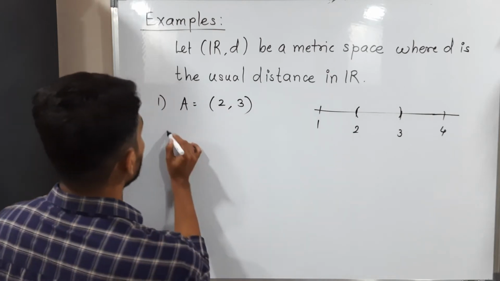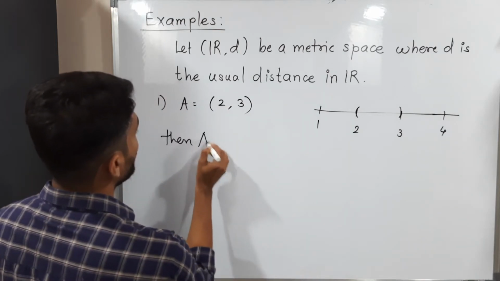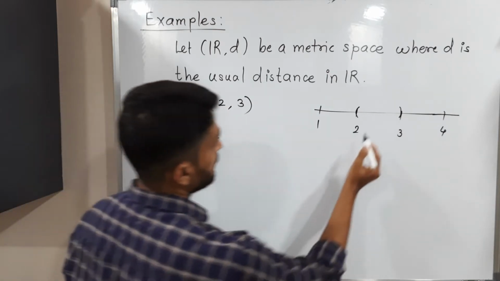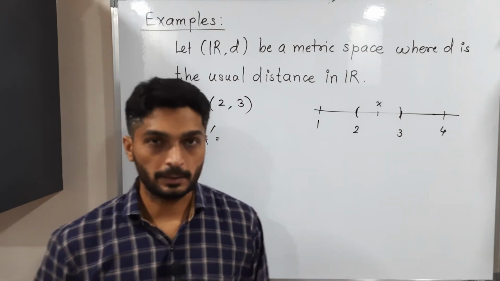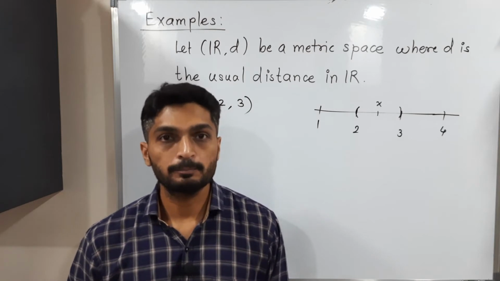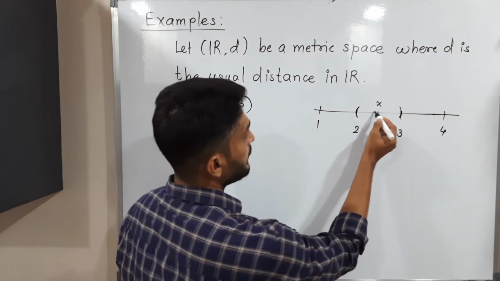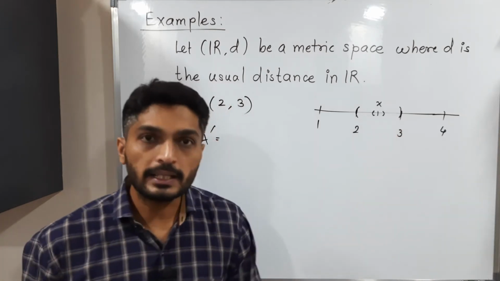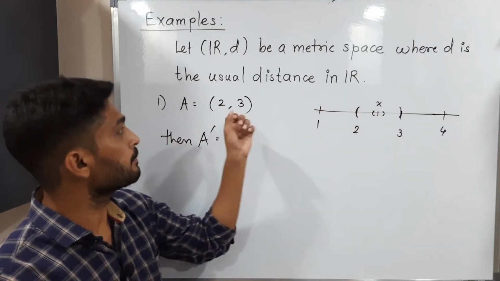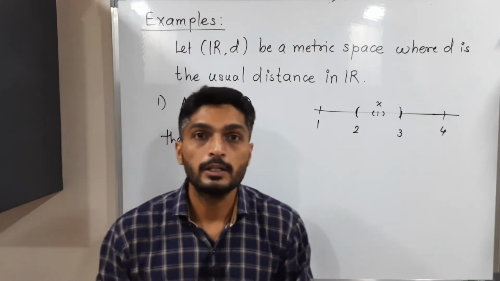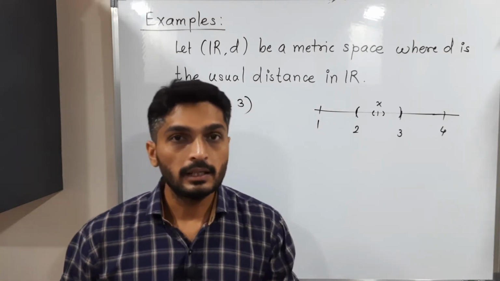Okay, then simply I will say A', that means the set of all limit points. Tell me, if I take any point x between 2 and 3, can we say it's a limit point? If you draw any ball around x, definitely the open ball contains, other than x, some points of this interval (2, 3). So definitely x is a limit point.